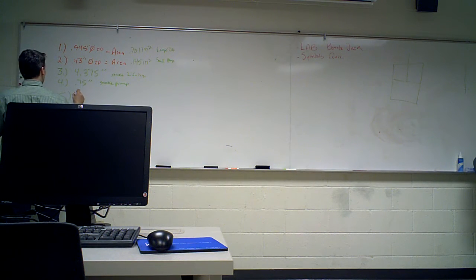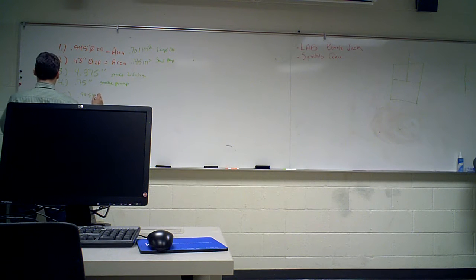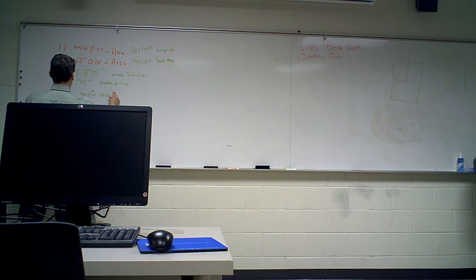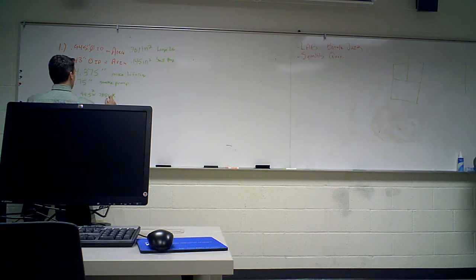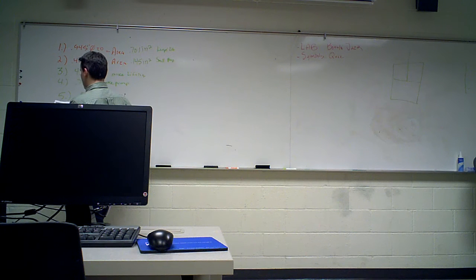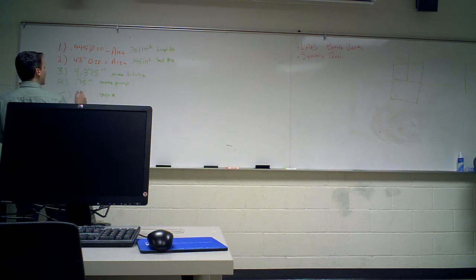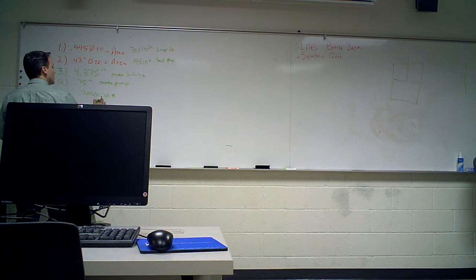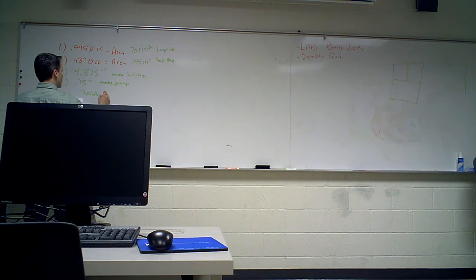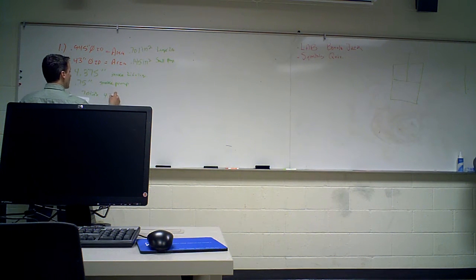So it's 0.945 squared times 0.7854. To get the area, you've got the diameter, and the area is 0.701. We already have it up here, right? 0.701 inches squared times the stroke, which is 4.375 inches.